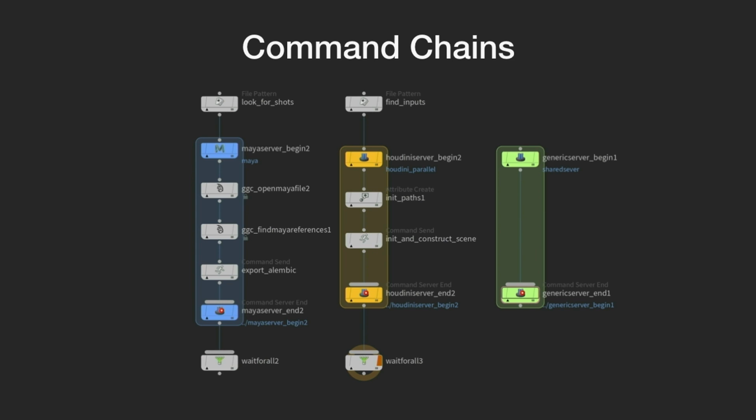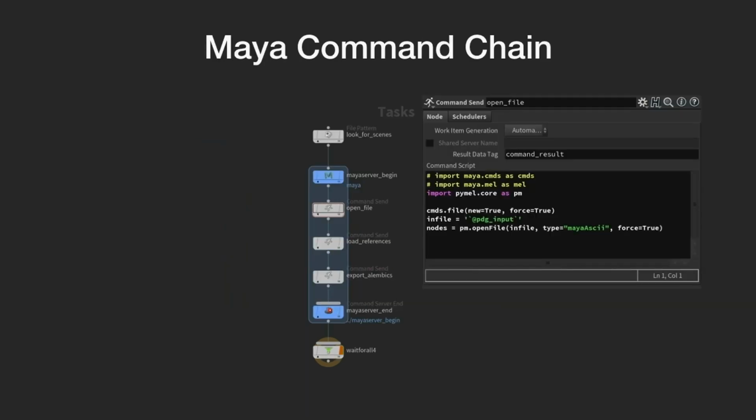The Houdini server uses the Python shell of Houdini, and there is a great example of that supplied with Houdini in PDG examples. The generic one is, I guess, for development of your custom interactions with some other software. And there is the Maya one that allows you to work with Maya. So let's see how it does. Maya command chain.